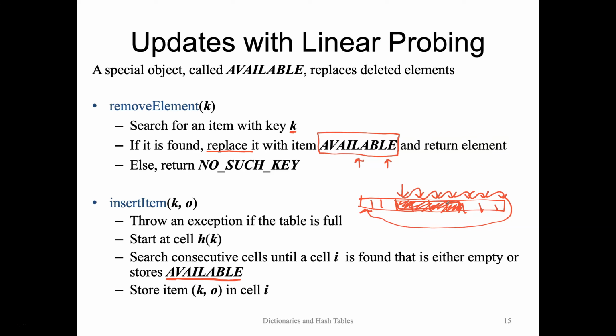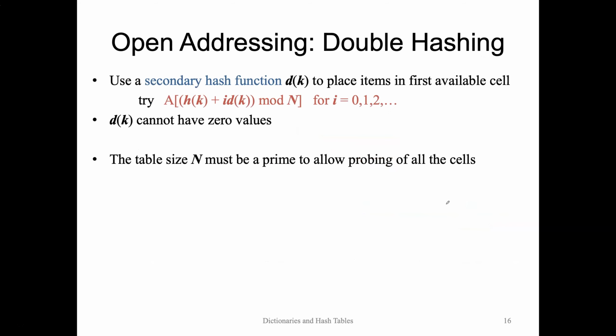So in order to prevent that primary clustering from happening, we have a different approach to open addressing called double hashing. Like linear probing, it uses one hash value as a starting point, this is our h of k. And then it repeatedly steps forward some interval until a desired value is located, an empty location is reached, or the entire table has been searched.